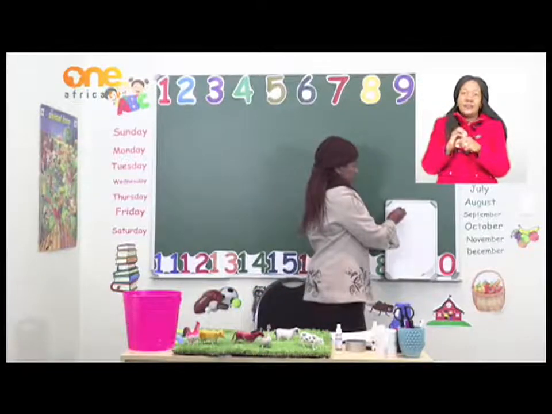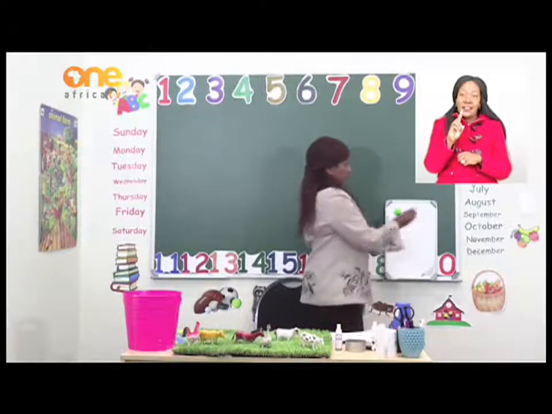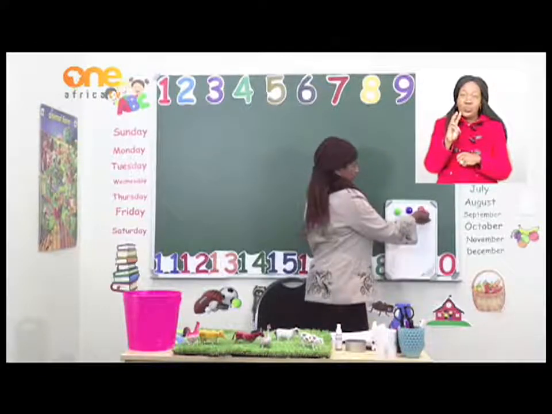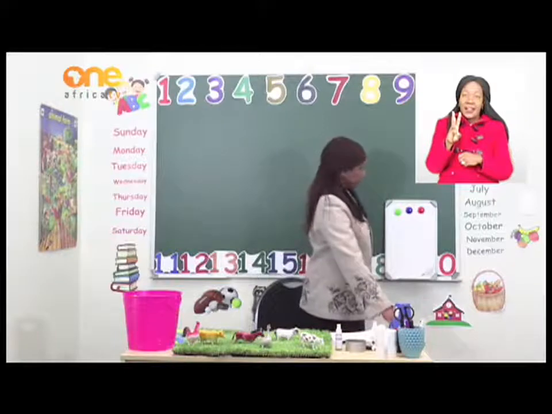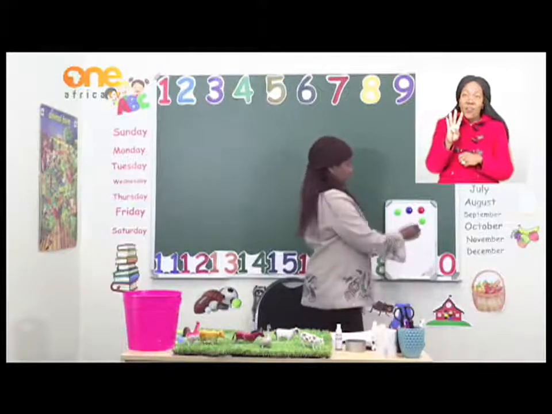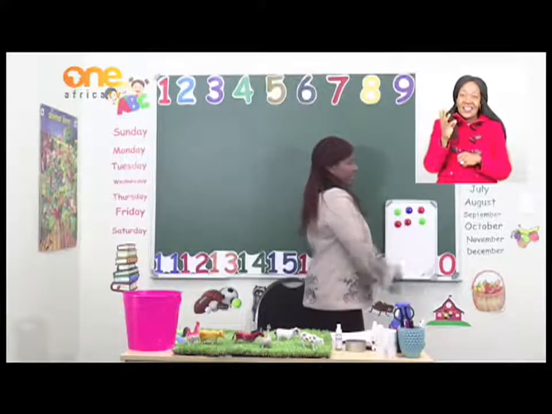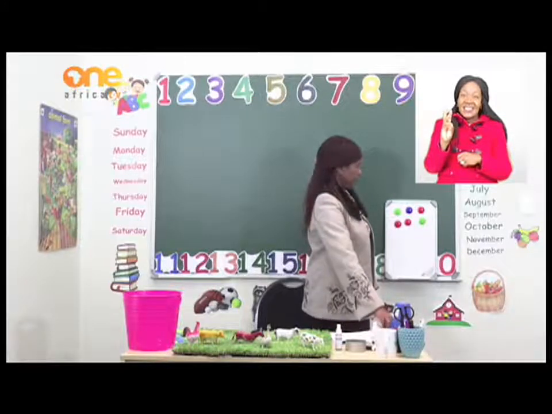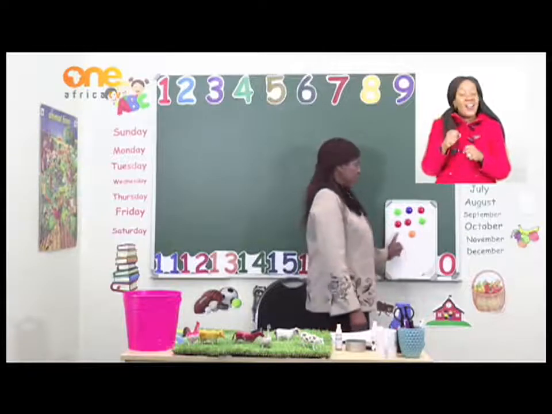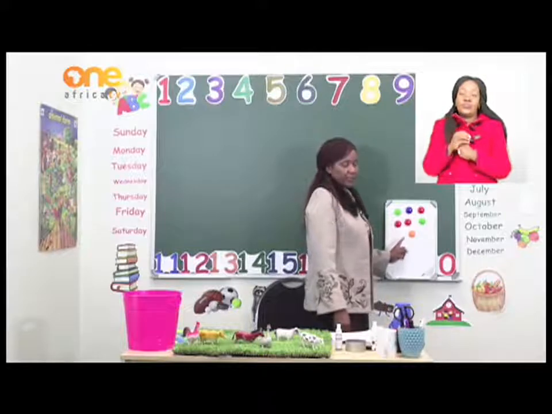Let's count. 1, 2, 3, 4, 5, 6, 7. All together, we have 7 magnets on the board of different colors.